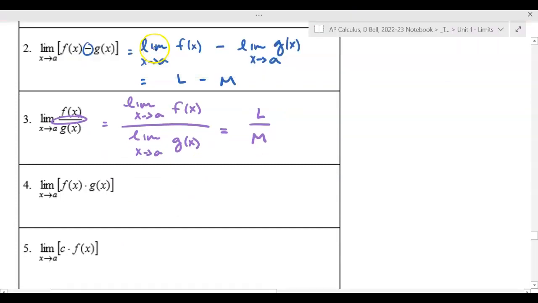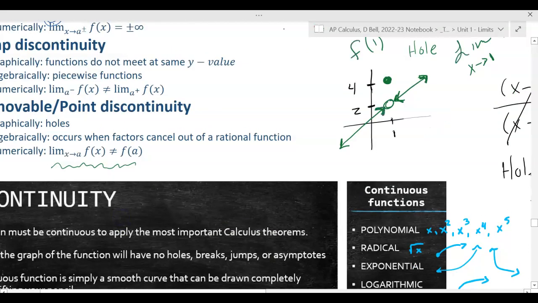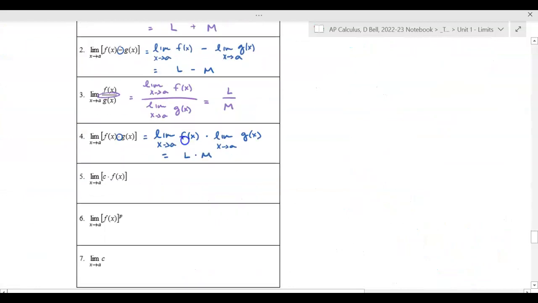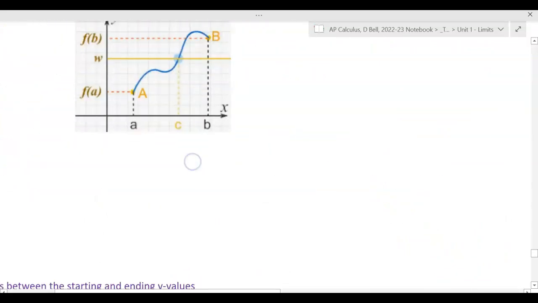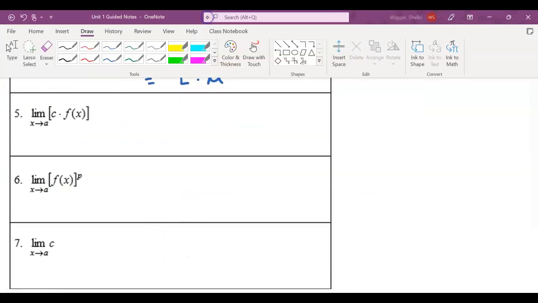Multiplication, we're going to break it up at multiplication. And 5 is just a special case of 4, where c is a constant.